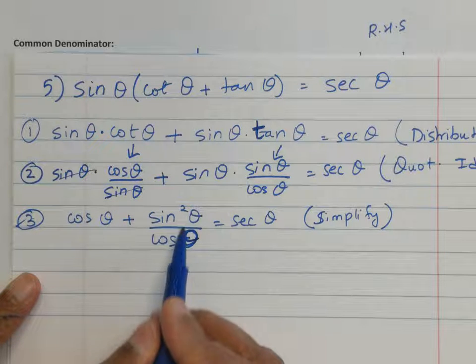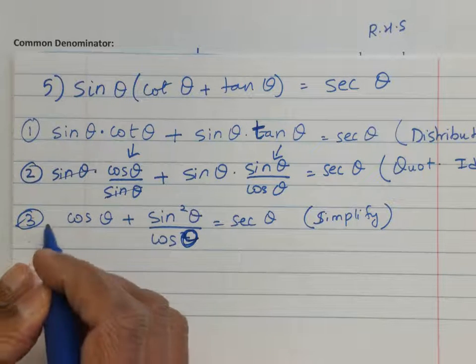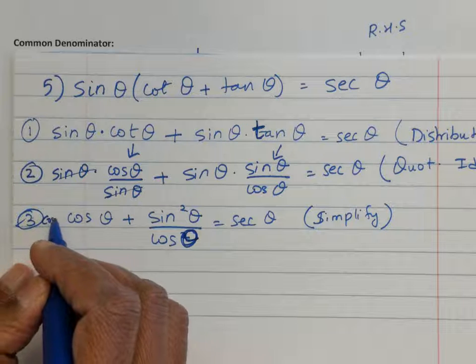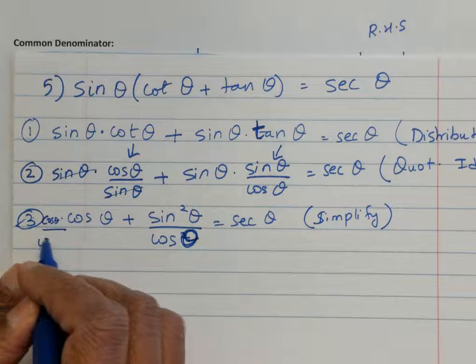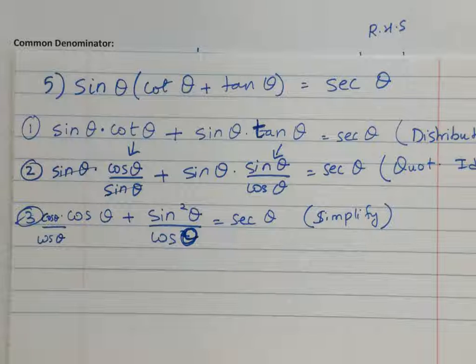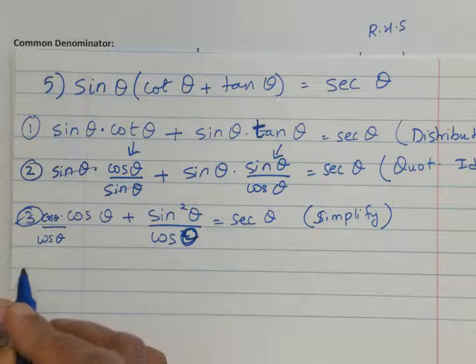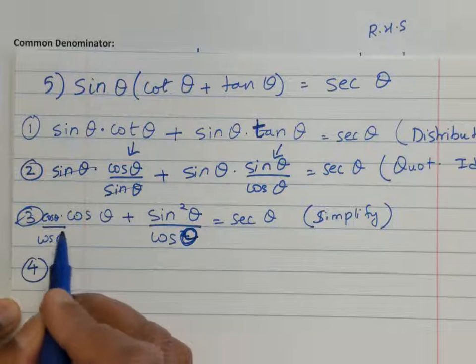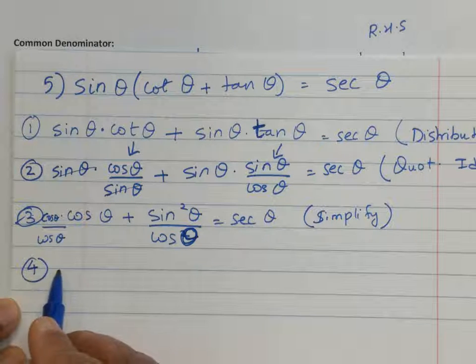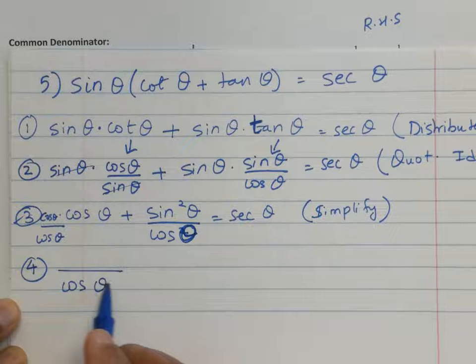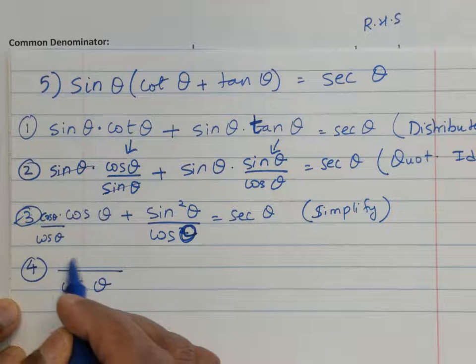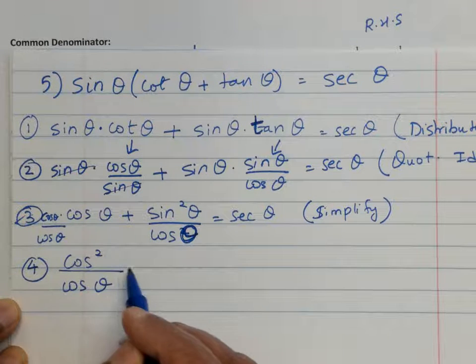So this has cosine theta, this does not. So I multiply top and bottom with cosine theta. Everybody okay? Cosine theta is going to be my common denominator. So the denominator is cosine theta, my numerator is cosine theta times cosine theta is cosine square theta.